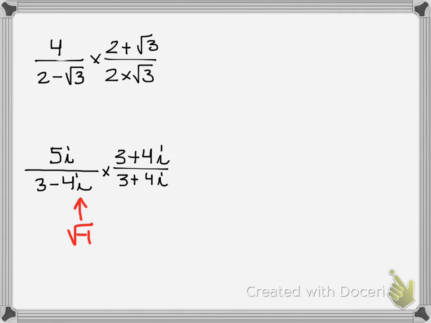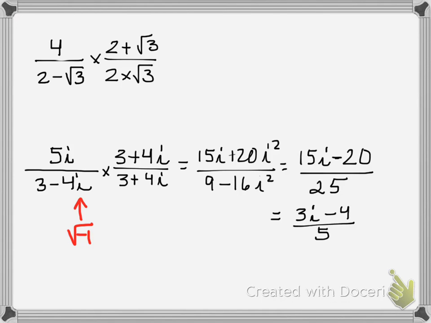And then we just multiply across: 15i plus 20i squared, and 9 minus 16i squared. Okay, and then simplify that a little more.